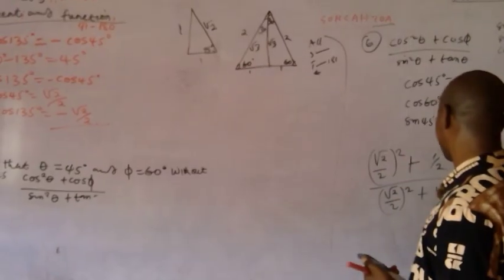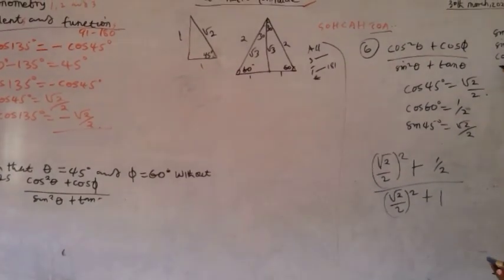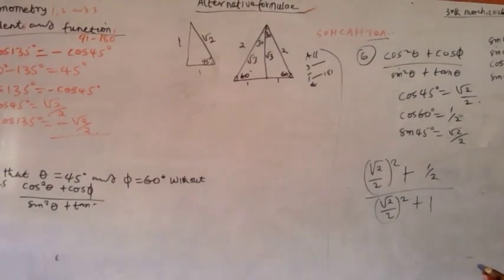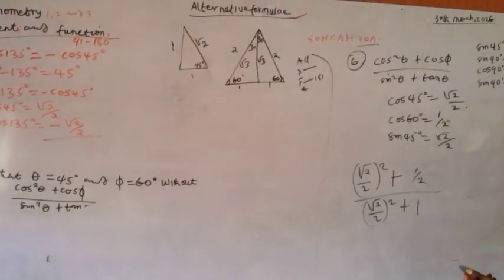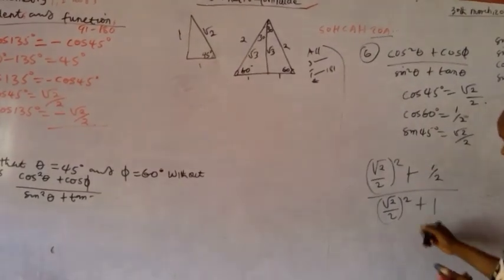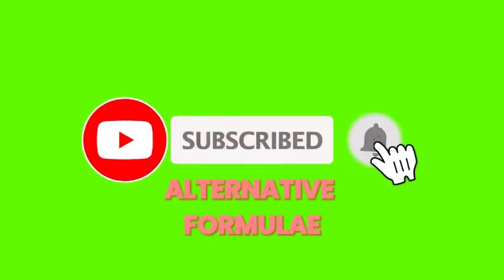Tan 45 is always 1. Tan 45 is just like saying that sine 90 degrees is also equal to tan 45. All of them are the same. Please take note. Okay, so coming back to this point, if you square this, here will be 2 all over 4 plus 1 all over 2.